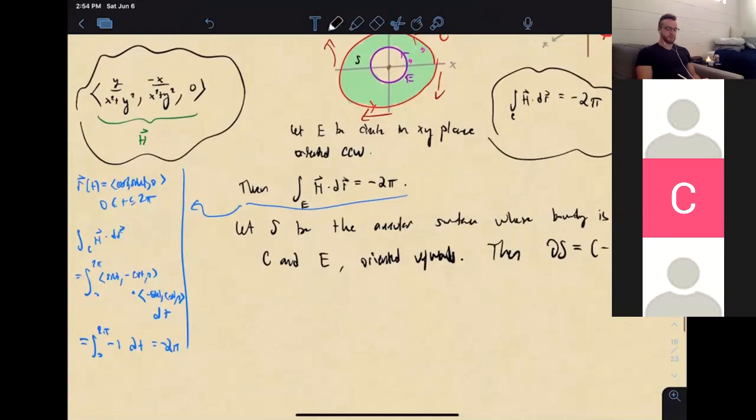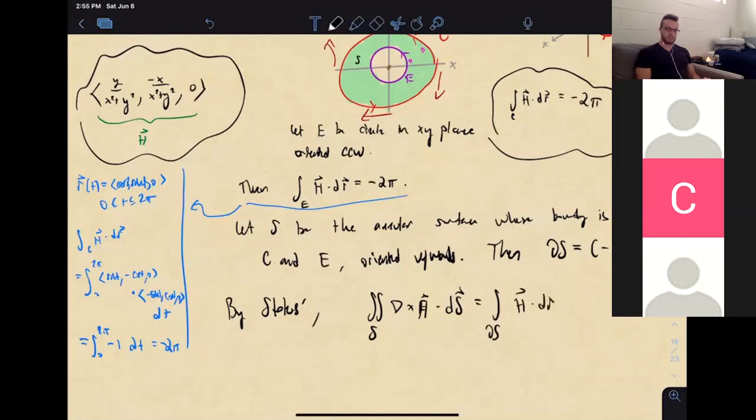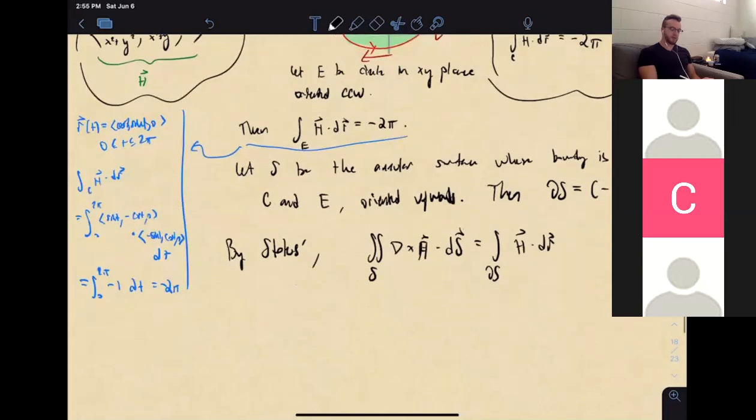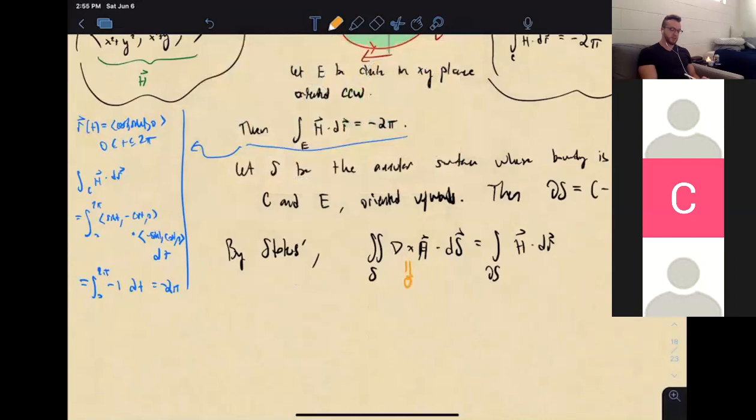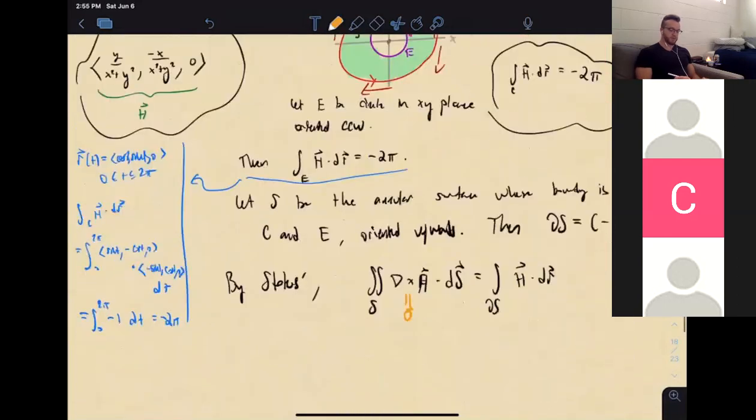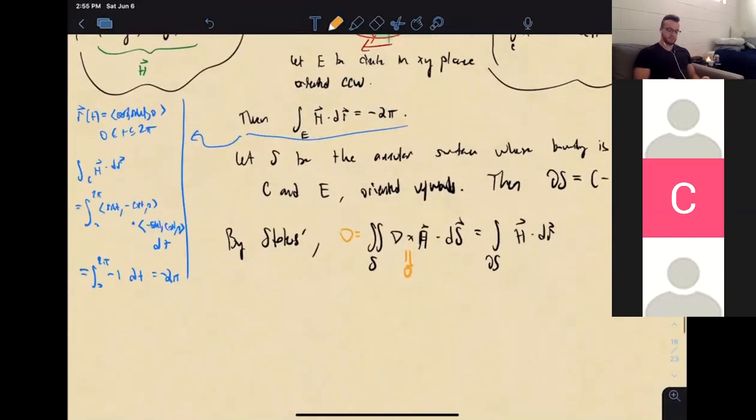Okay, so what does Stokes theorem say? The surface integral over S of the curl of H, rather, is the integral over the boundary of S of H. But the curl is 0, right? The curl of this vector field is 0. So this whole surface integral is 0.